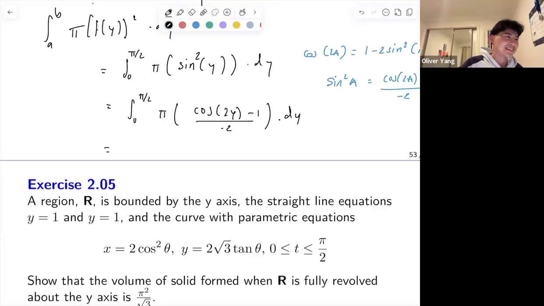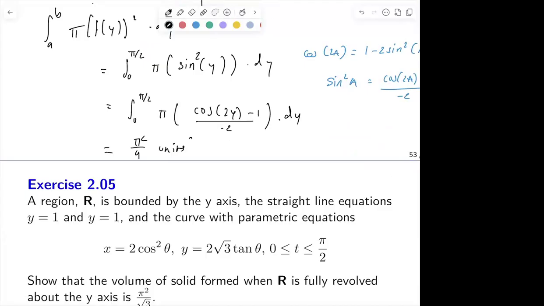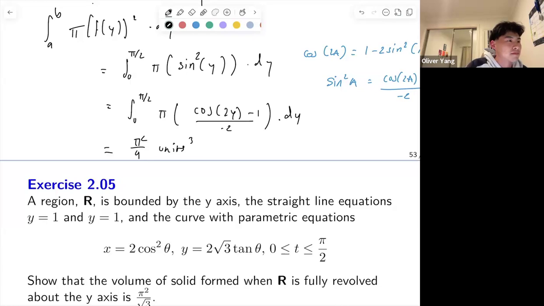If you know your methods, you can do this. I think the final answer is pi squared over 4, units. So have a go at this.